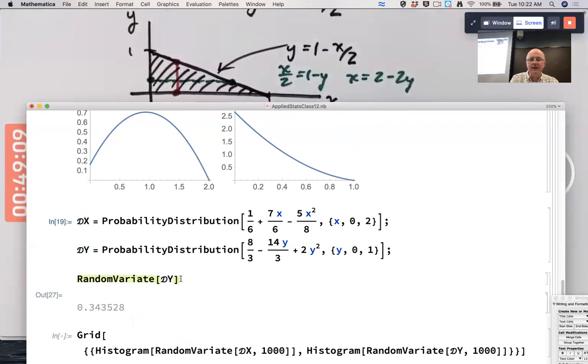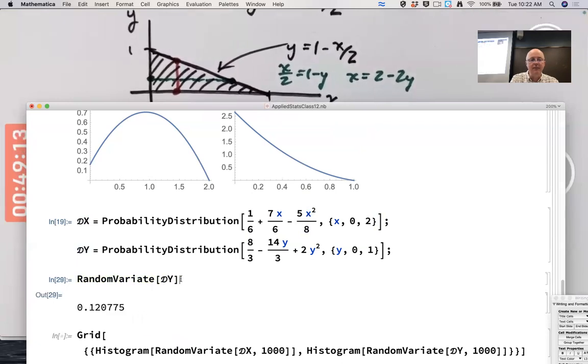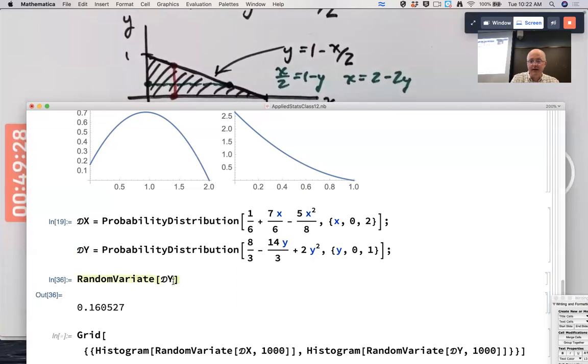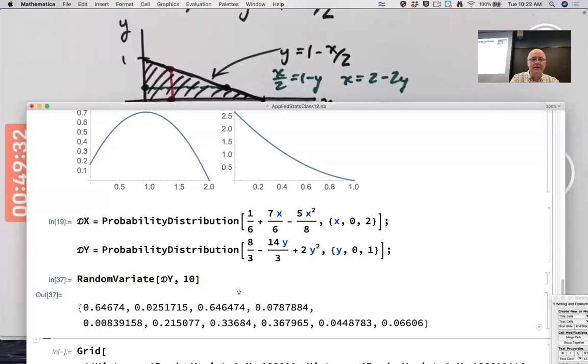In all likelihood, this is going to be a number closer to 0 than it is to 1 most of the time. I've never shown you that before. ProbabilityDistribution done in this way, combined with RandomVariate, will simulate from these kinds of distributions, and I can do more than one sample.